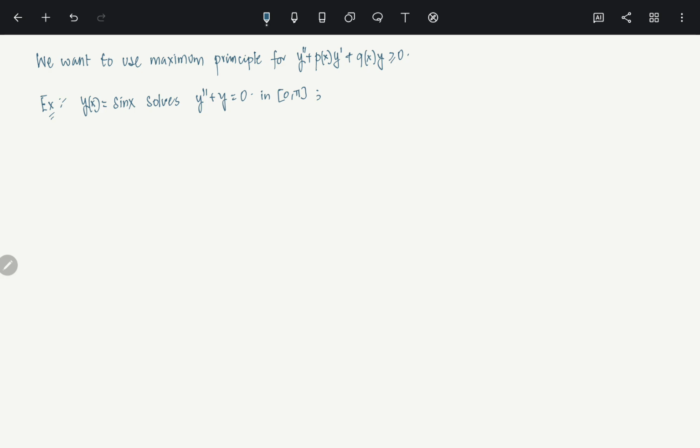The maximum is attained in the interior, at pi by 2, where y equals 1. So it is attaining its maximum at the interior. So basically the maximum principle does not hold. Clear? So you cannot expect this.